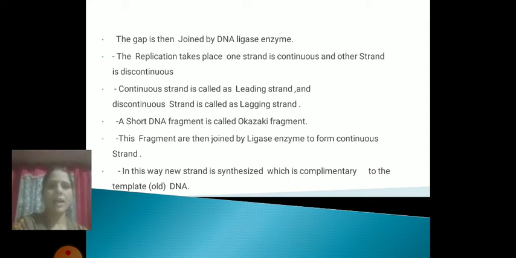These fragments are then joined by DNA ligase enzyme to form a continuous strand. In this way, a new strand is synthesized which is complementary to the template DNA strand. So from one parental DNA, two exact copies of DNA are formed, in which one strand is old and another is a new DNA strand.